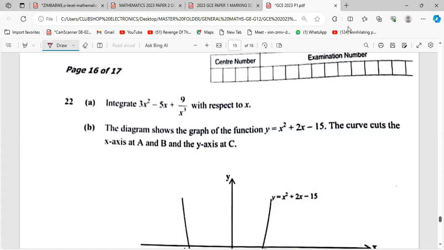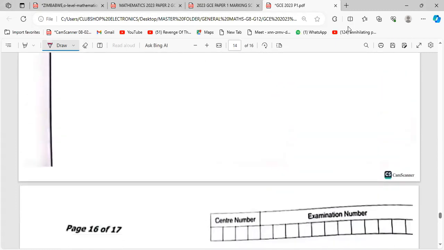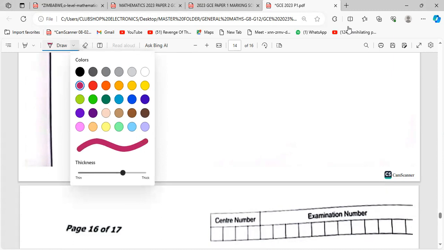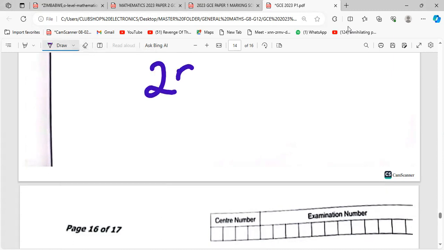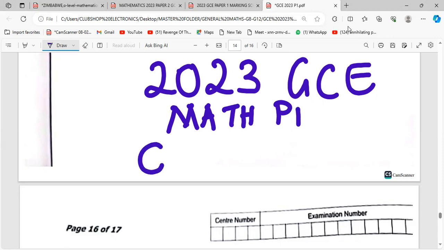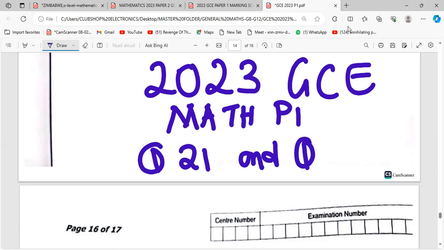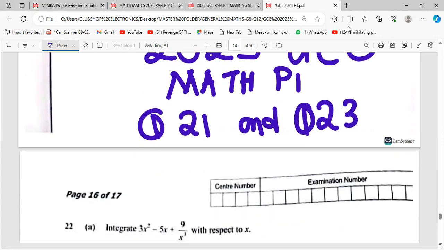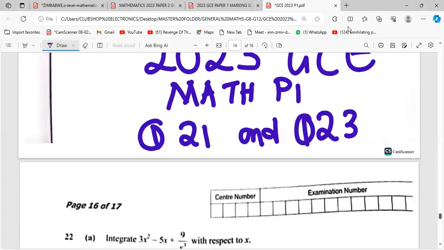In this presentation, we want to deal with the 2023 GCE Mathematics Paper 1, question 22 and question 23.